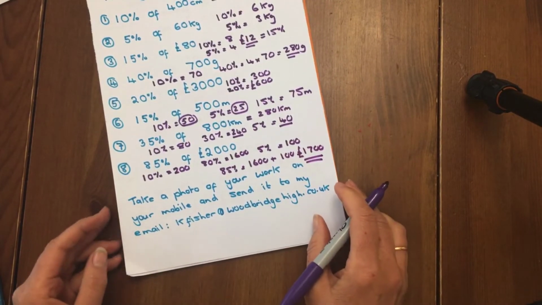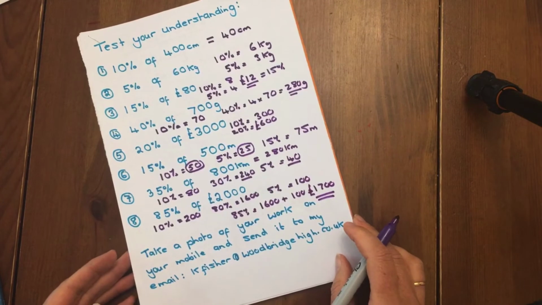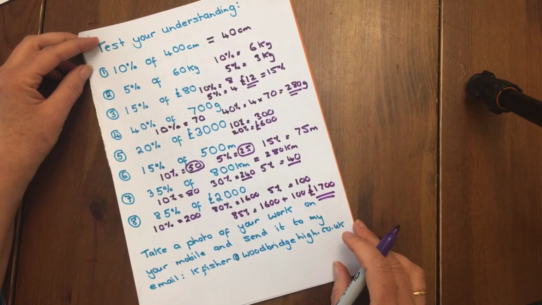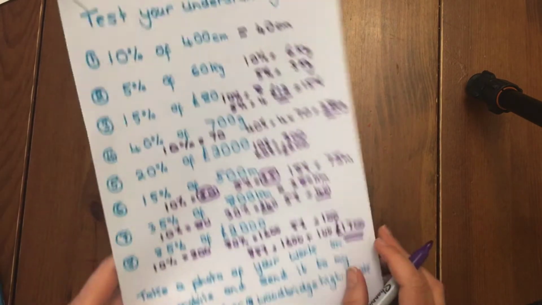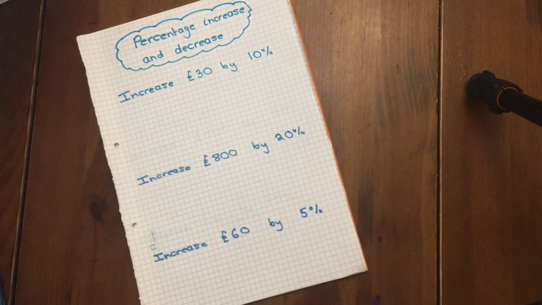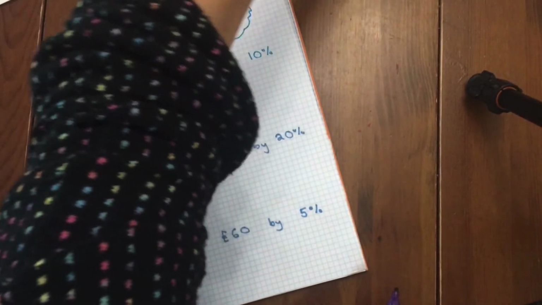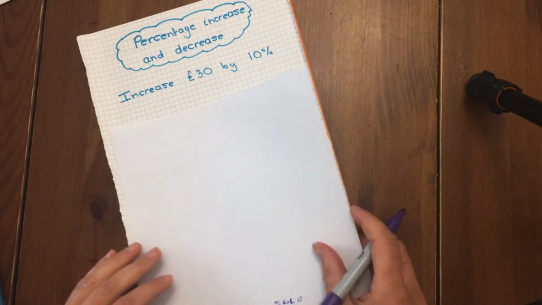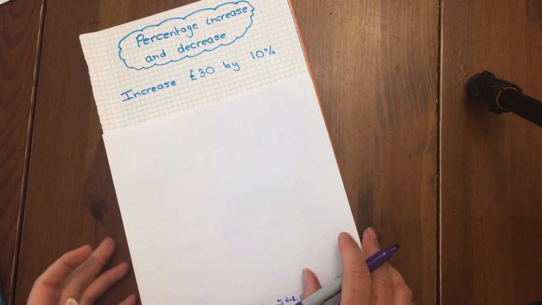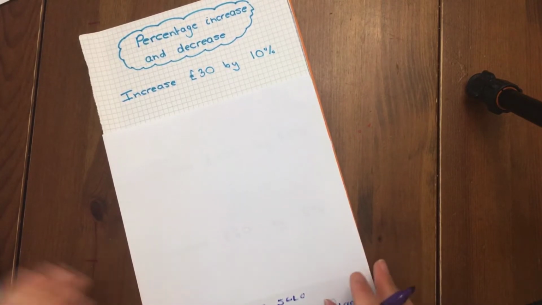Okay, so make your corrections please to the work you did yesterday, and keep it all in one place in your book. Right, today's lesson is about percentage increase and decrease. You need to be experts at finding percentages without a calculator before you go on to this.